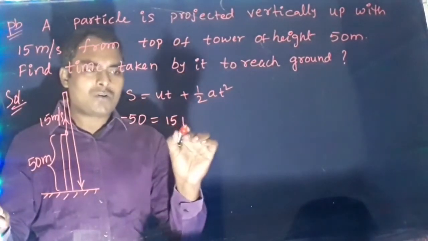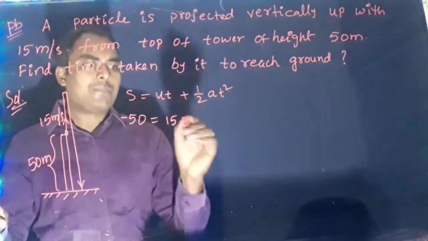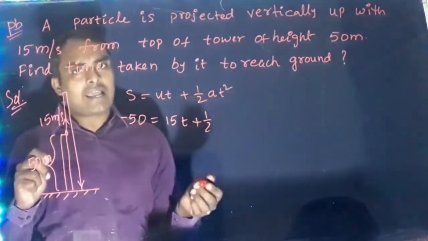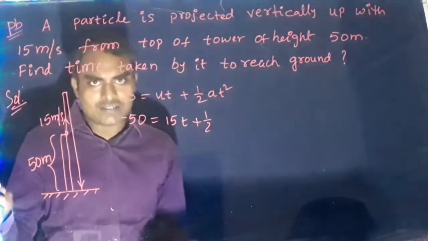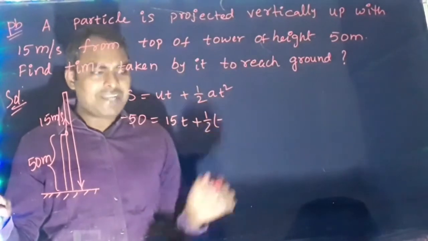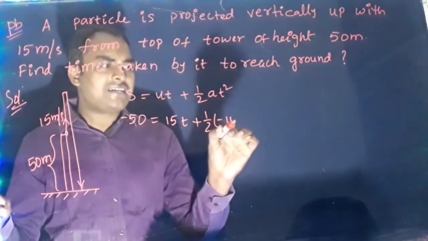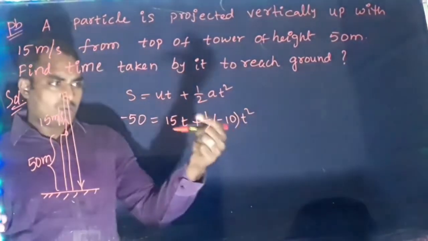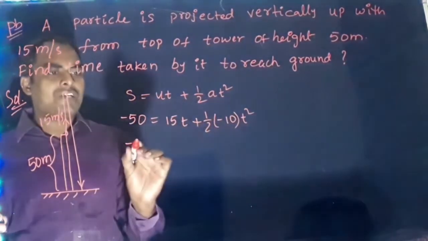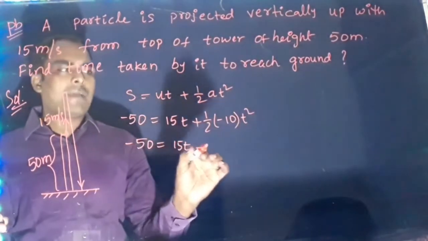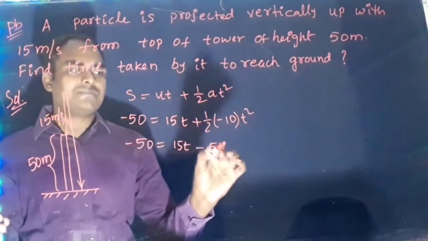So time is not known, so t is t plus half. Acceleration of this body is acceleration due to gravity, which is directed downward always. So a also will be negative, minus g value, let us write 10, into t square. So here minus 50 equal to 15t minus 5t square.